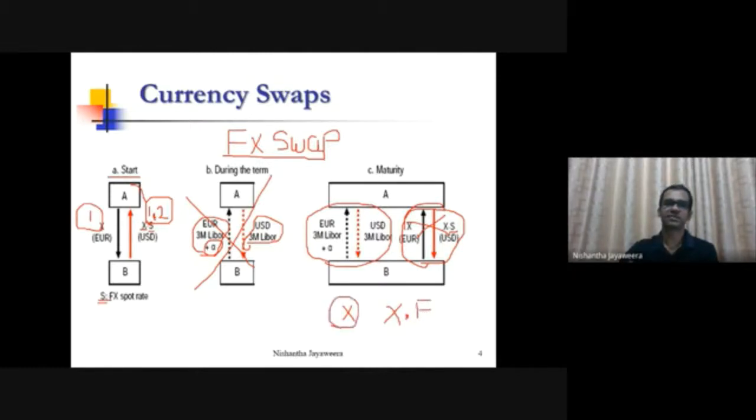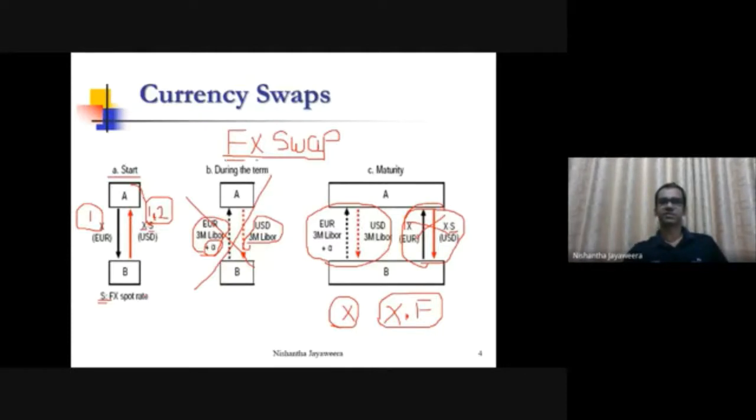The base currency notional amount would be the same, but in the cross currency the notional amount would be the notional amount of the base currency into the forward rate that we agreed. So these are the principal amounts that we exchange. But here, X into S means the spot rate prevailing at the very beginning, and no other exchange rates.